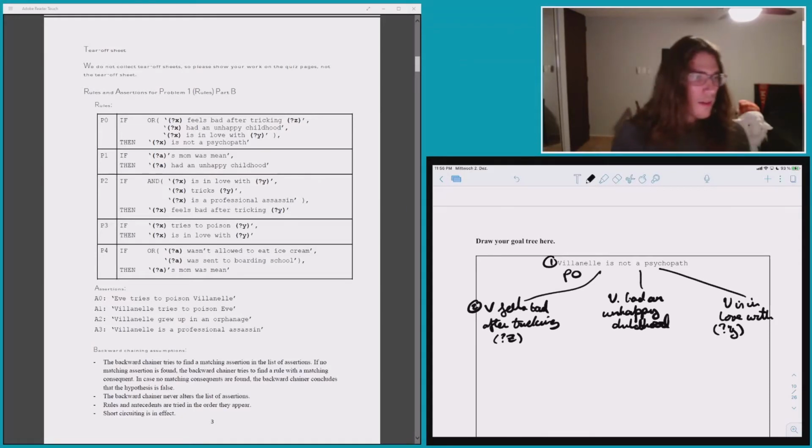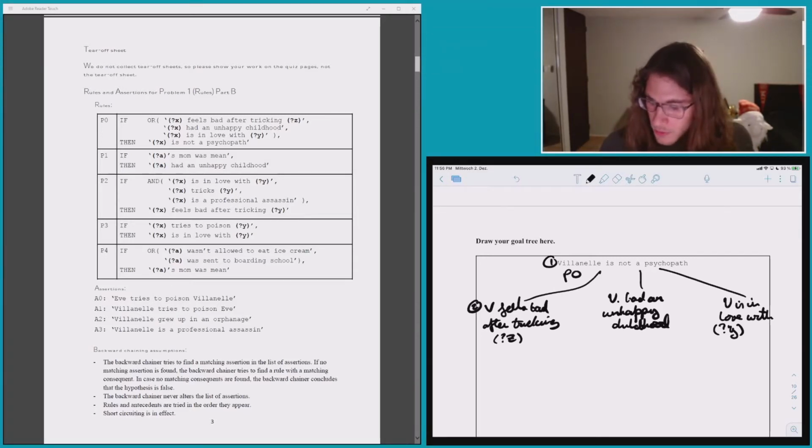Well, there is no assertion in my list of assertions yet that would match to any binding that I would give to Z. So I essentially am skipping that step. If I were to bind Z to Villanelle or to Eve, which are the two possible variables here, I would essentially just backtrack. And it would be a needless backtrack, so I'm just dropping it and skipping it entirely.